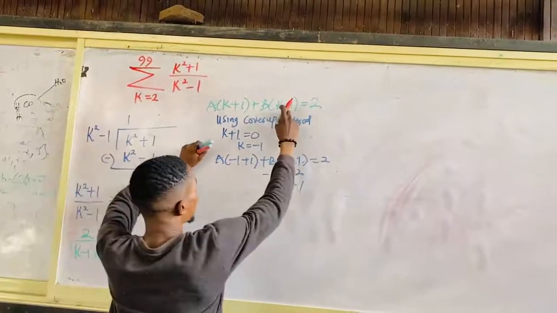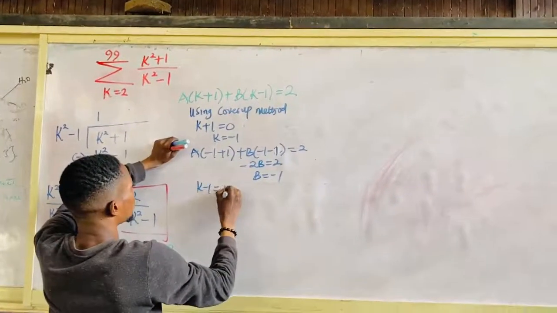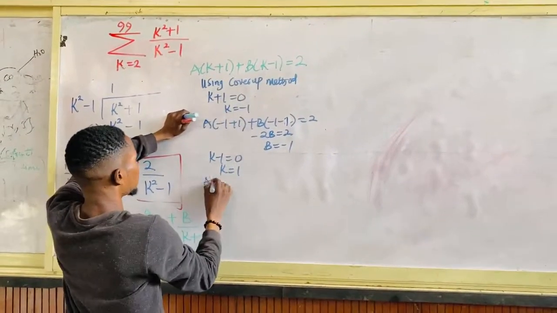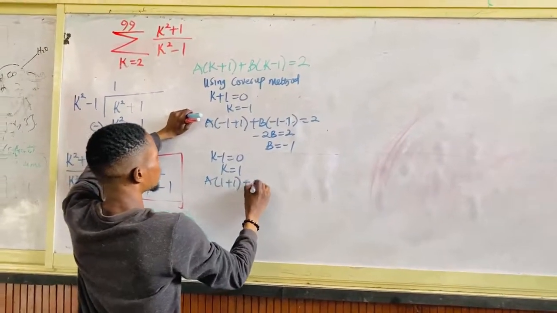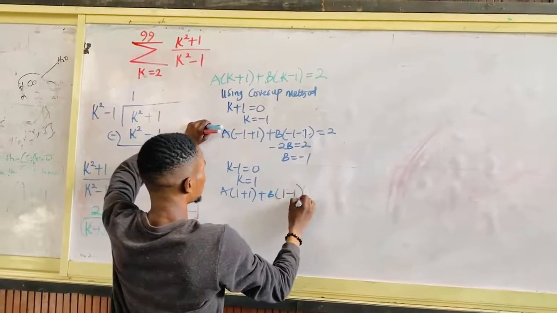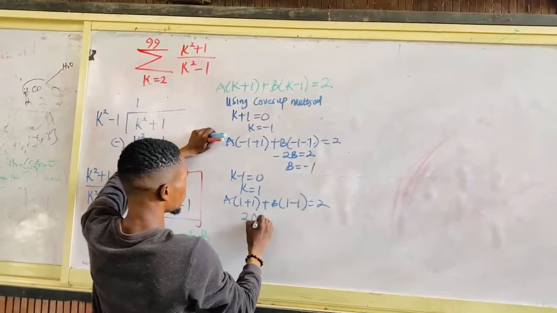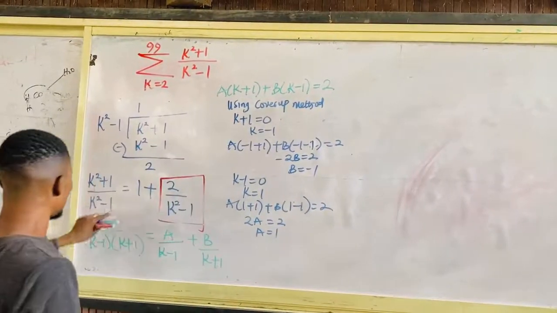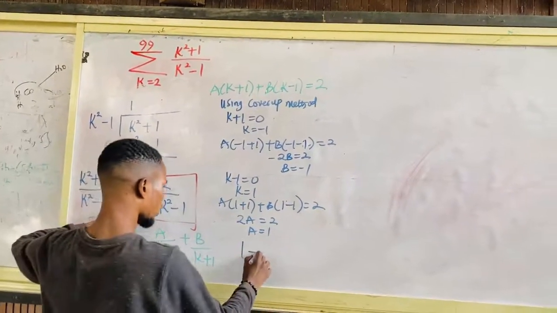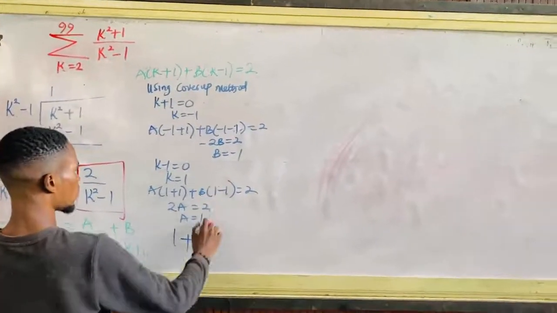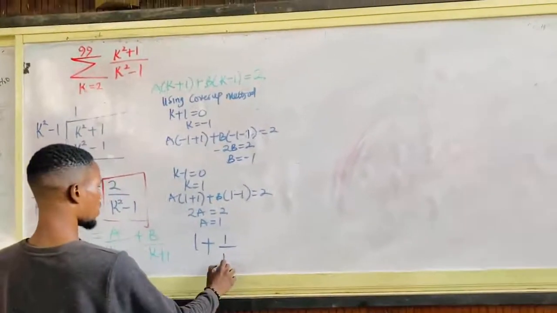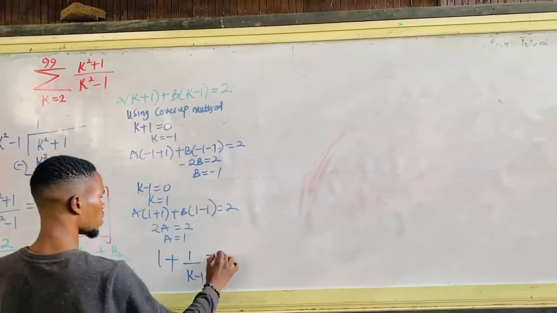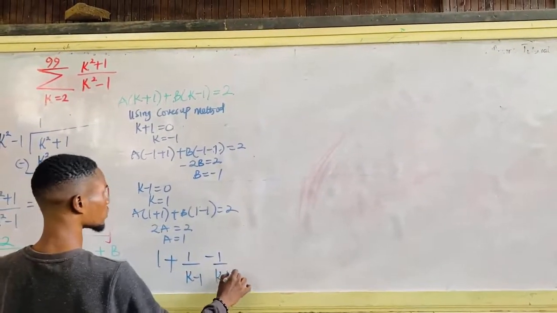Also, here k minus 1 is 0, so k is 1. If you take k as 1, B cancels out. 2A is 2, so A is 1. So this becomes 1 over k minus 1 plus minus 1 over k plus 1.